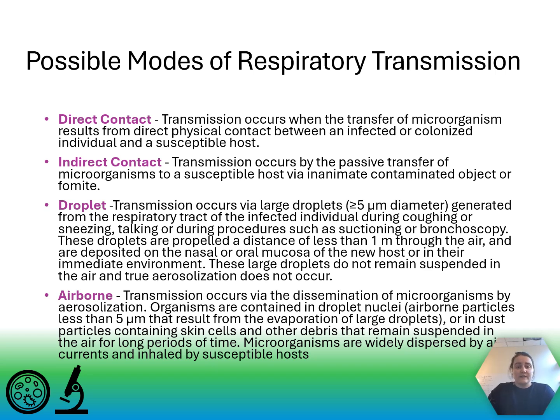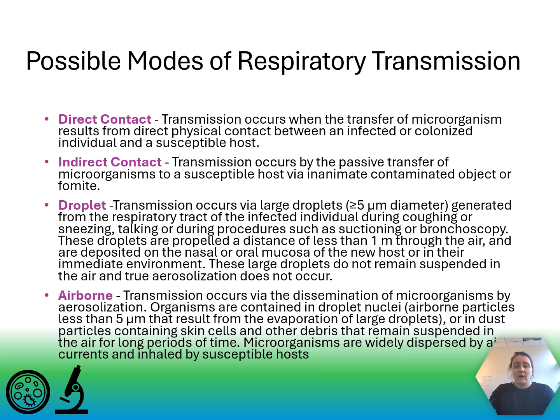So we can have what's called direct contact, which is when transmission of the microorganism is by direct physical contact between an infected or colonized individual and a susceptible host. We can have indirect contact, where transmission occurs by passive transfer to a susceptible host via some kind of inanimate contaminated object, so maybe particles.